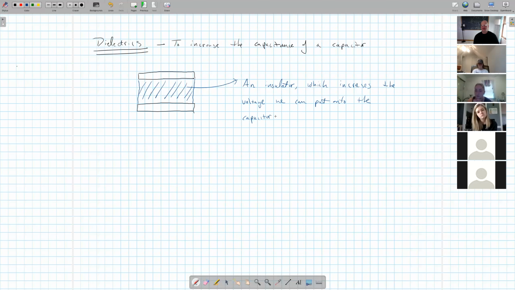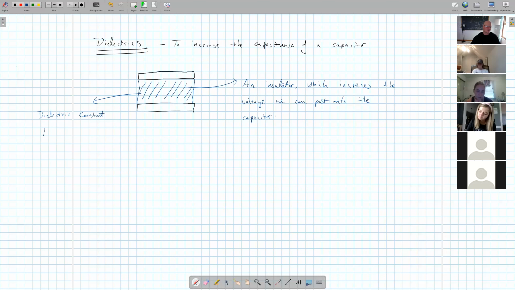Okay? All insulators have a breakdown potential which is actually higher than that of air. So what happens then is that this dielectric is classified by what's known as the dielectric constant, which is determined by its percentage away from the breakdown potential of air.